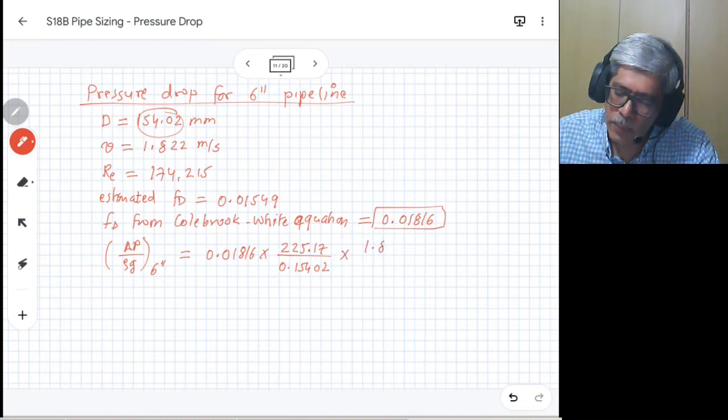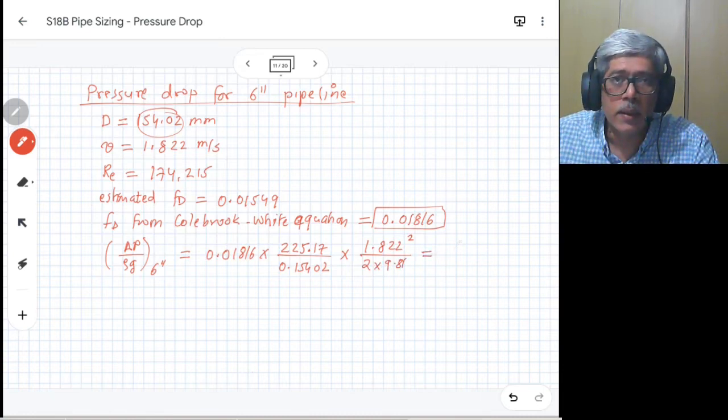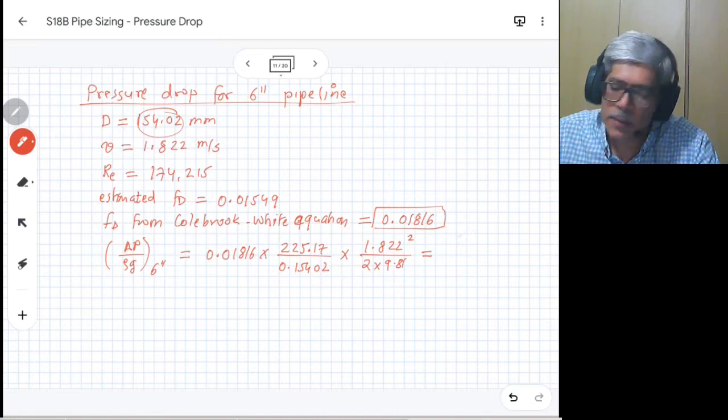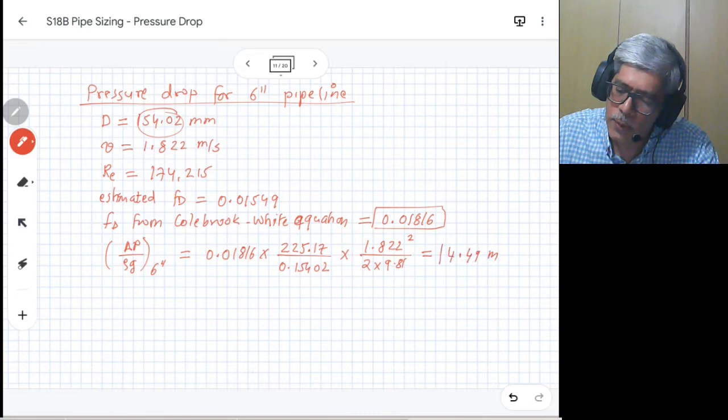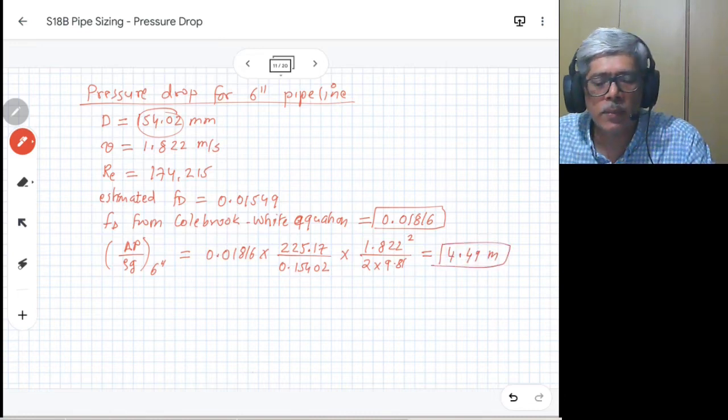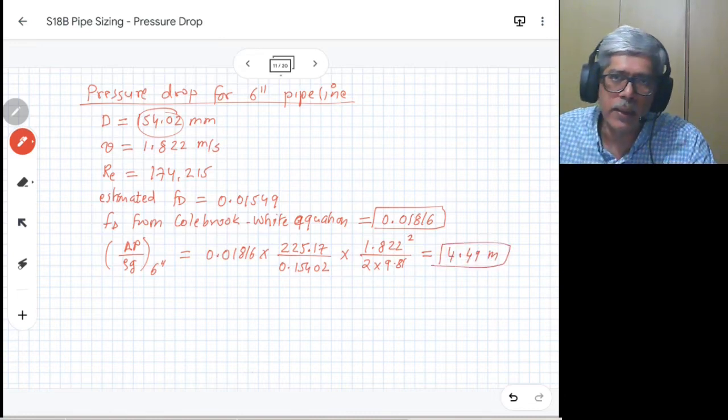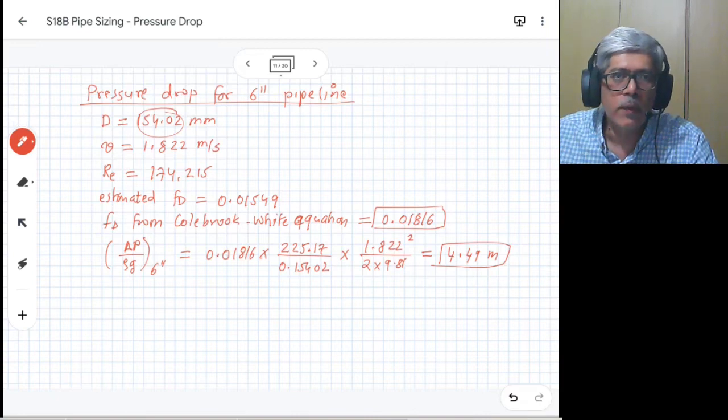So velocity is 1.822, the whole square, divided by 2 into 9.81. So we get the pressure drop in the 6-inch pipeline equal to 4.49 meters. Here the pressure drop is given in terms of the liquid head height, that is 4.49 meters.